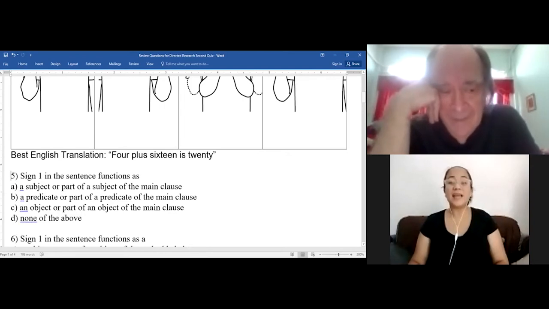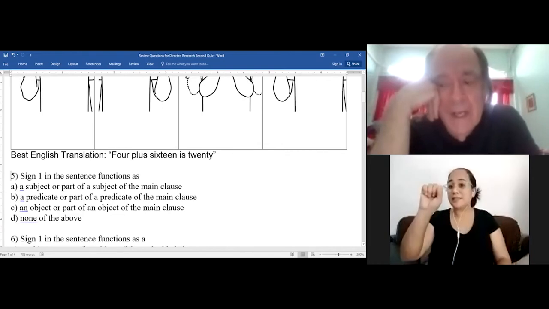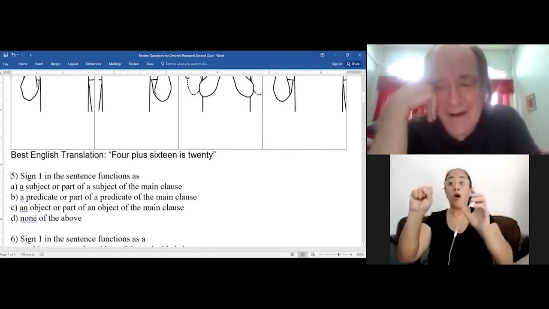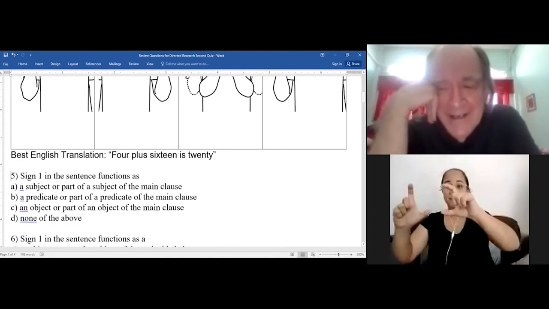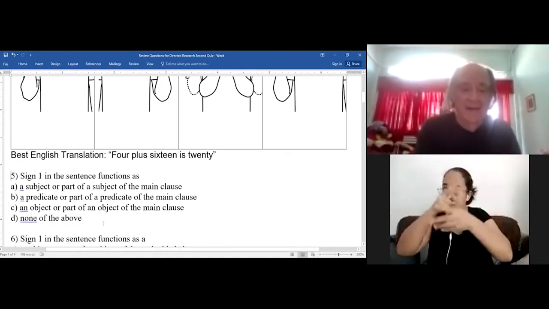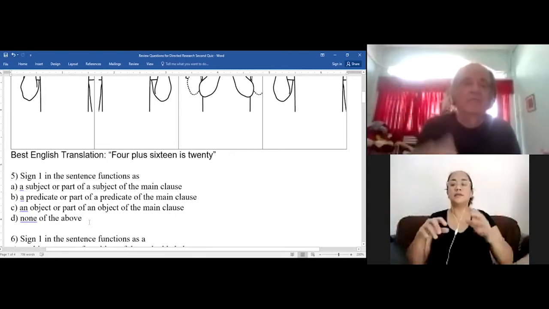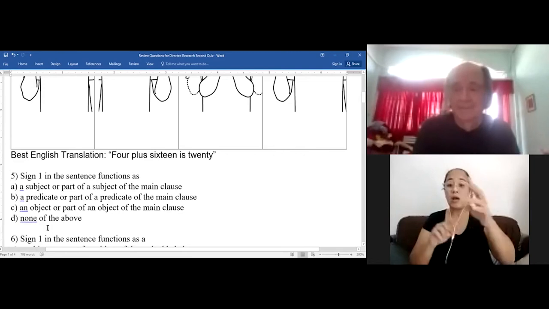Right, 4 is the subject of the embedded clause. So you have to be careful when you read these questions. Sign 1, the number 4, is none of the above, because it's none of those functions, okay?